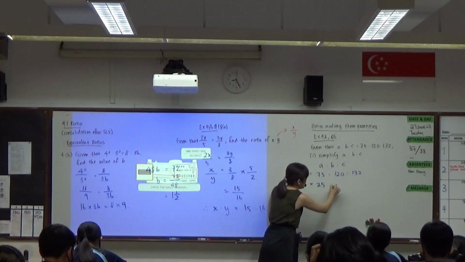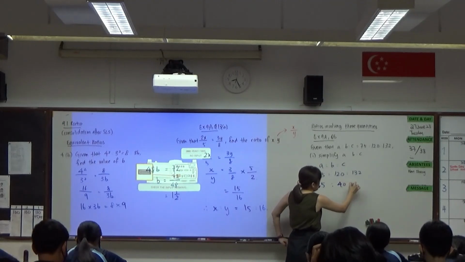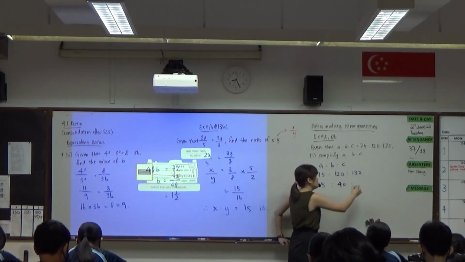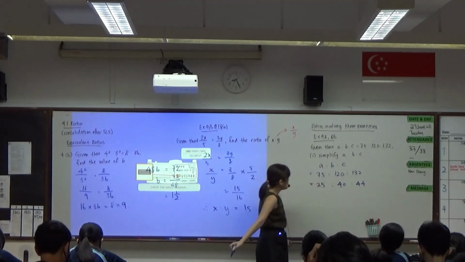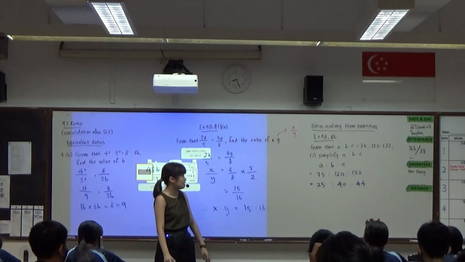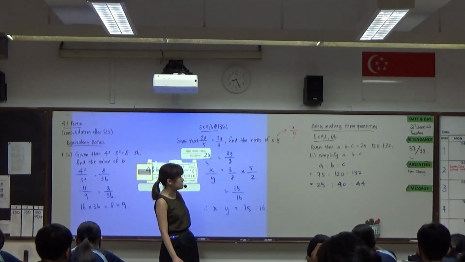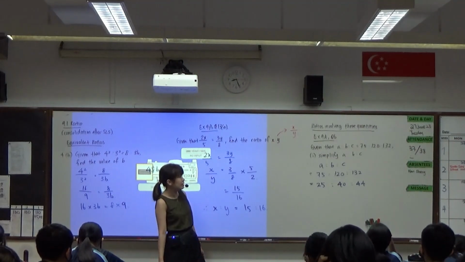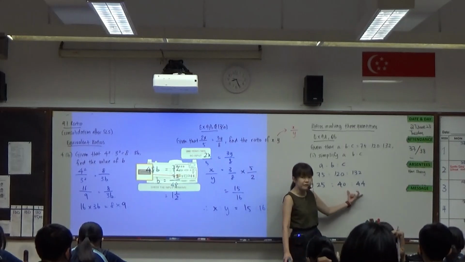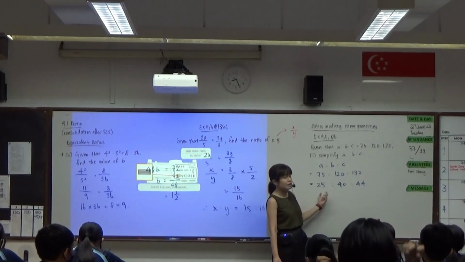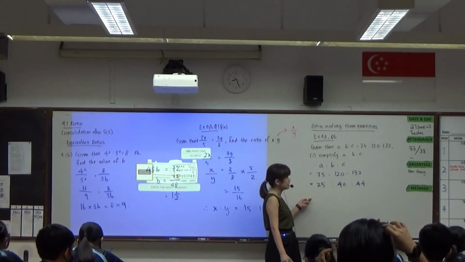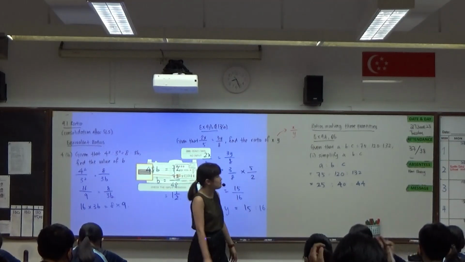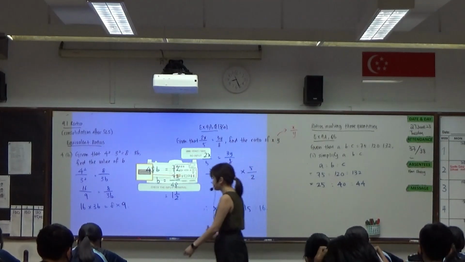And then 120 divided by 3 is 40. 132 divided by 3 is 44. So at 25, 40, and 44, is there still a common factor throughout all these three numbers? Any more? Don't have, right? Although between two of them there is, amongst all three of them there isn't anymore. So this will then be the simplified form for the ratio.